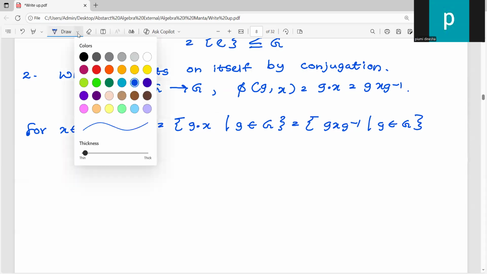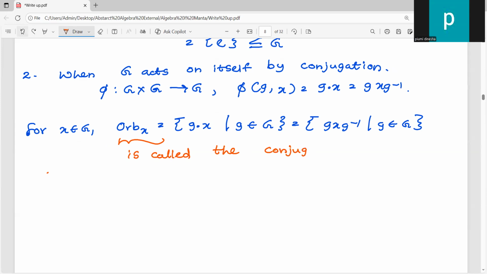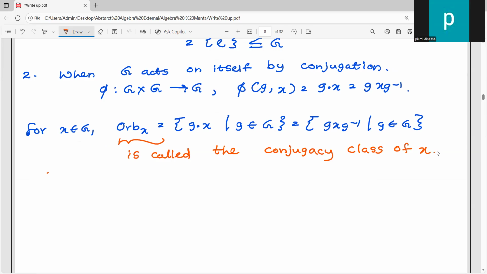For this particular action, G acting on itself by conjugation, the orbit of x is called the conjugacy class of x.